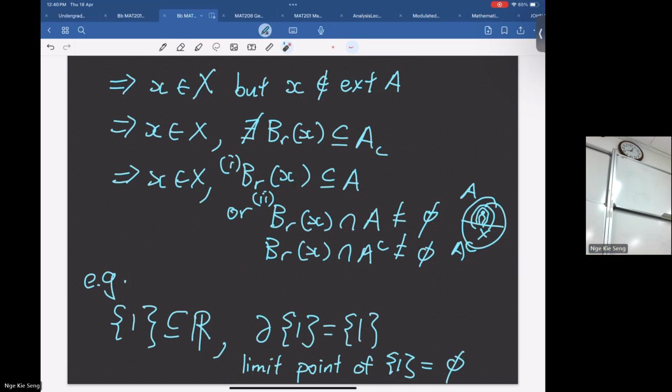So I think the problem here is whether this intersection contains other points than x or not. If it doesn't contain other points than x, then it is an isolated point. If it contains other points than x, then it is a limit point.